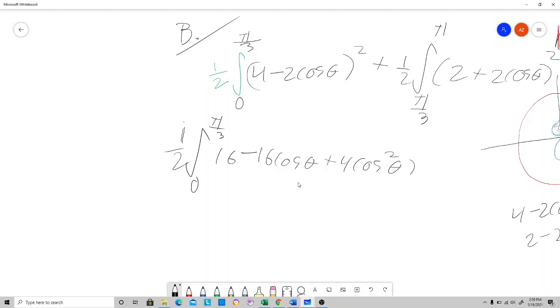Okay, so now we already went over how this is solved. If this is just going to be a theta, and then this is going to be 16.